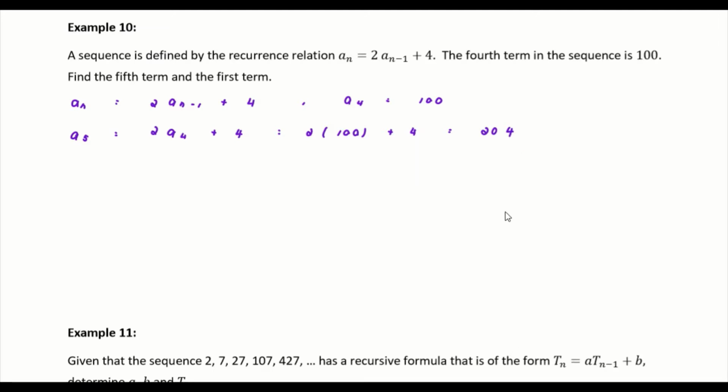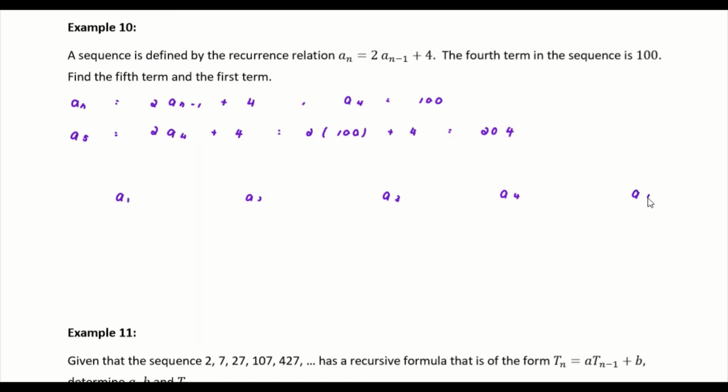Now the problem is your first term. Now you should be able to imagine the whole situation, how it is going to look, and we try to solve it using common sense. So in this case, imagine that what we have is A1, A2, A3, A4, and A5.